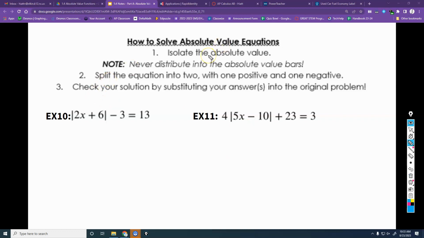Once you get the absolute value isolated, you're going to split the equation into two, one positive answer, one negative answer, and then we need to check our solution to see if it works in the original problem. Now, I did not plug it back into the original problem.